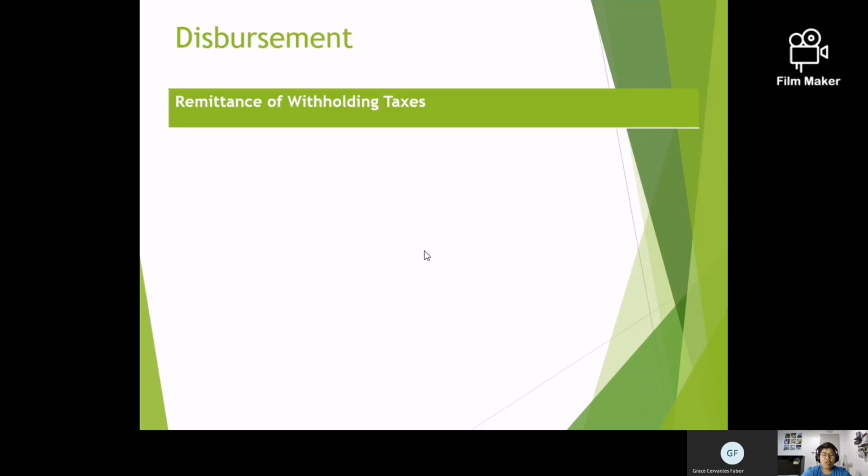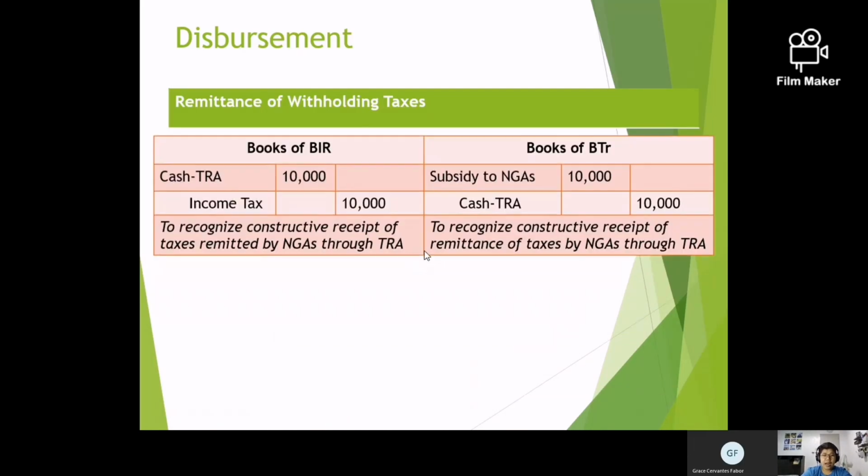Ito naman, yung sa books ni BIR at ni BTR. Ano yung itsura? Kay book sa BIR, kapag nagbayad ka through TRA kay BIR, si agency nagbayad kay BIR, debit ka, syempre, na-receive mo. TRA, credit, income tax. Revenue account yan. 10,000, 10,000 to recognize constructive receipt of taxes remitted by NGAs through TRA.